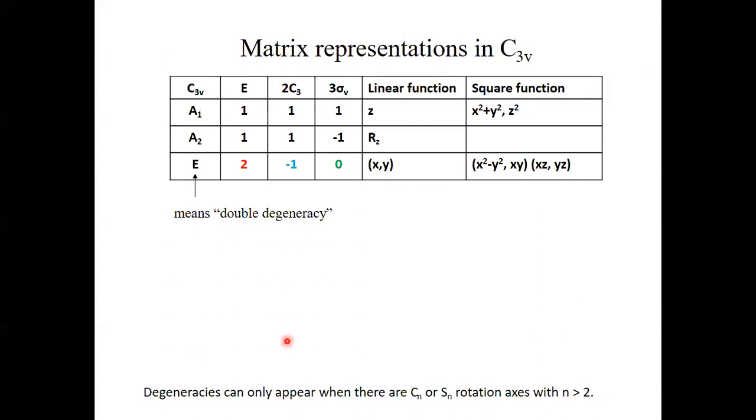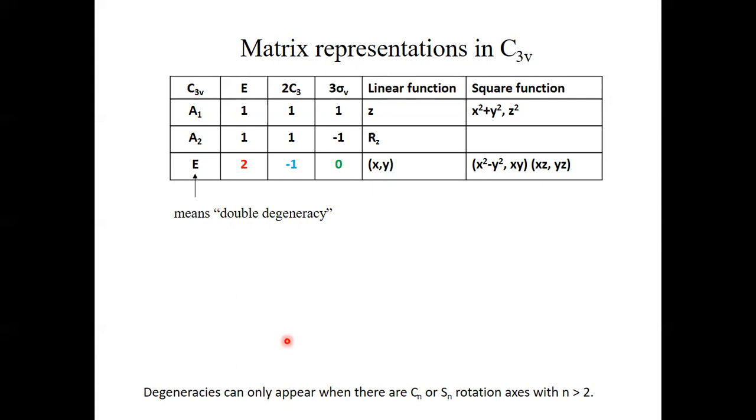So now, with the help of the matrix representations, we can again understand the character table for the point group C3v. Because the matrices are now more complicated, there are some new characters in the respective character table that we need to understand.